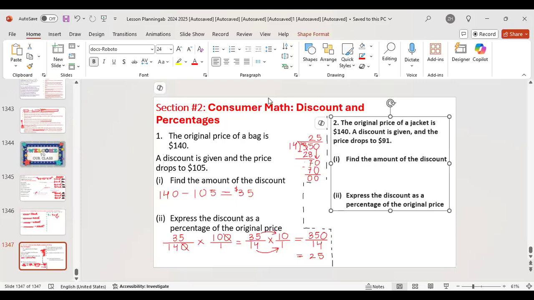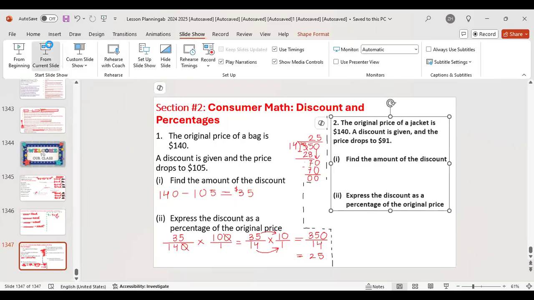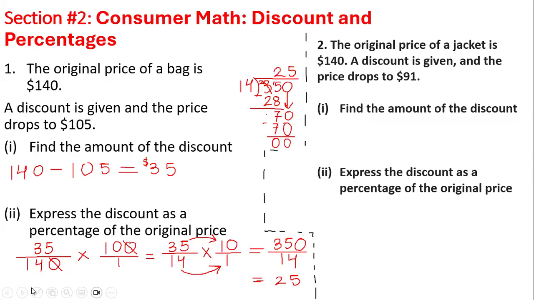So what do we do? How are we going to figure out the amount of the discount? We subtract: 140 minus 91.